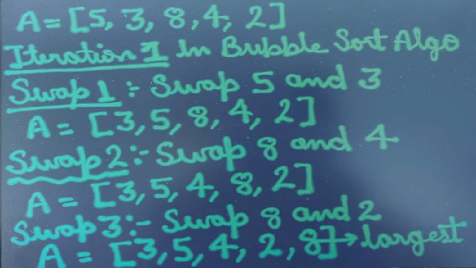Swap number 3. Similarly, we will swap next 2 pair of elements 8 and 2. After swapping 8 and 2, array A will become A equal to 3, 5, 4, 2 and 8. After swap 3, our largest element 8 is moved to the end. So pass 1 or iteration 1 is completed here.